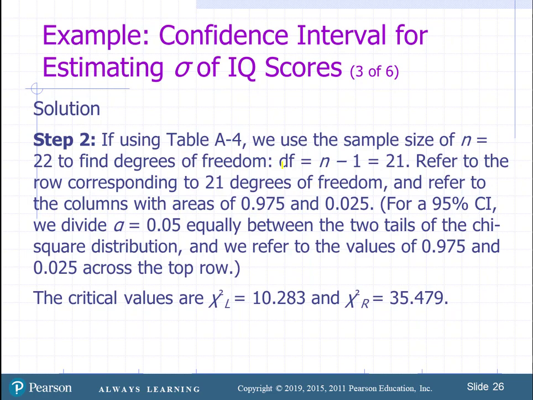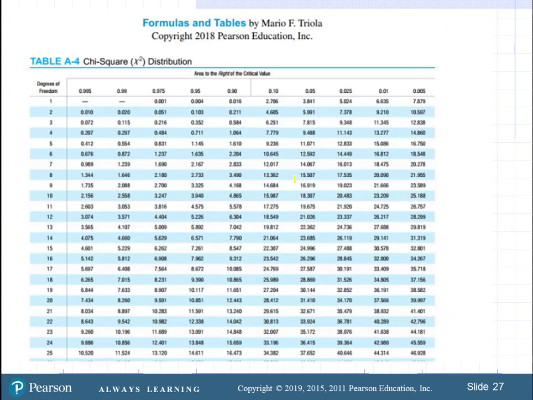And when we do that again, we had 22 in our sample, so we're going to use degrees of freedom of 21. And we're going to look in the columns of 0.975 and 0.025. So we get the same critical values that we had for our example. Okay, so that's what we have.